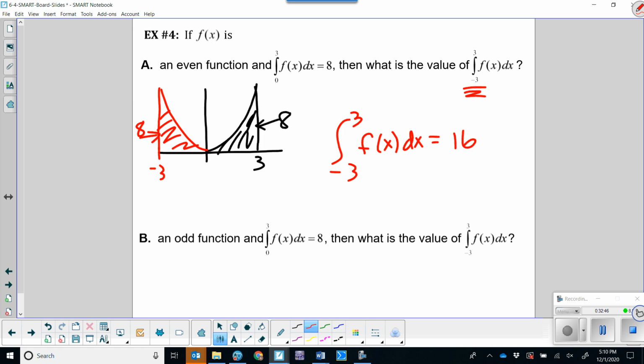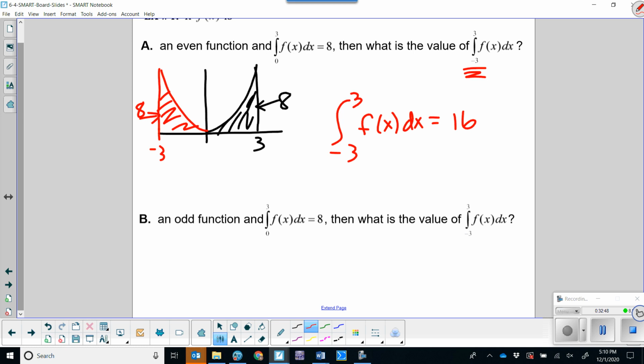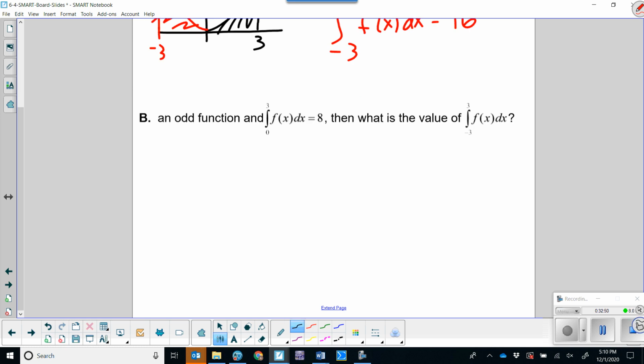Okay, if it's even. Now let's think about an odd function. So now we want to take a function that would be odd. Let's look at something like x cubed.